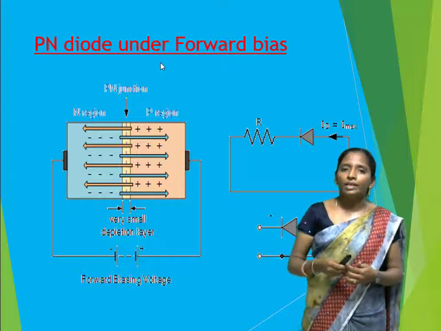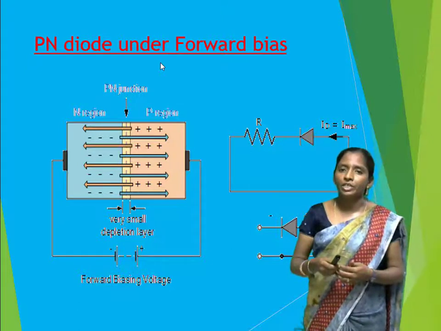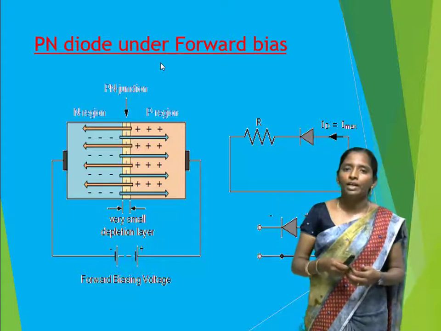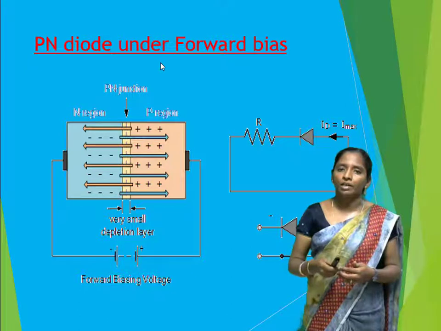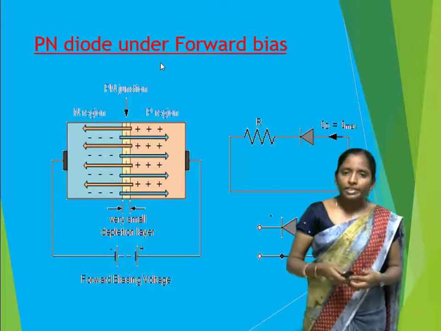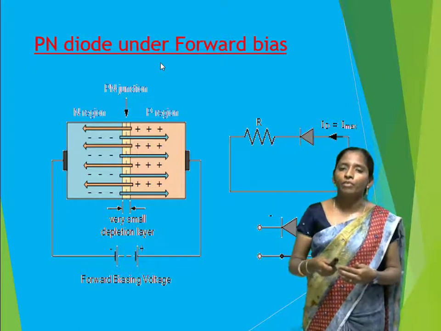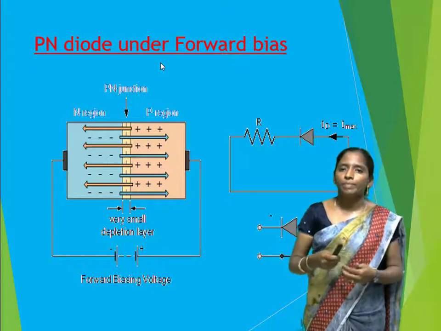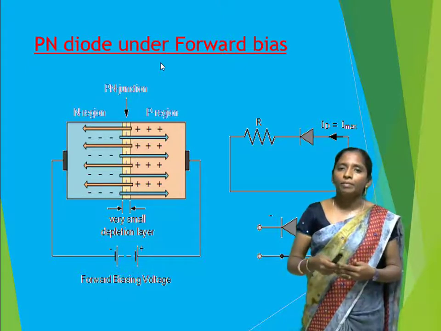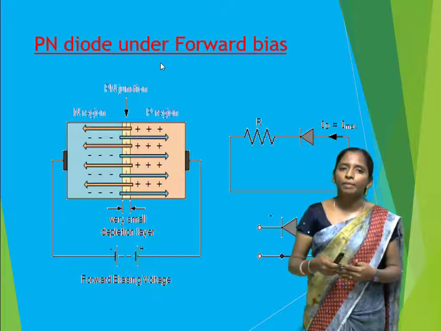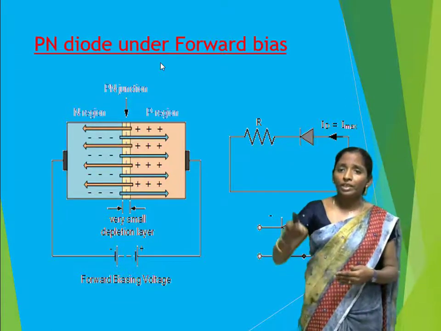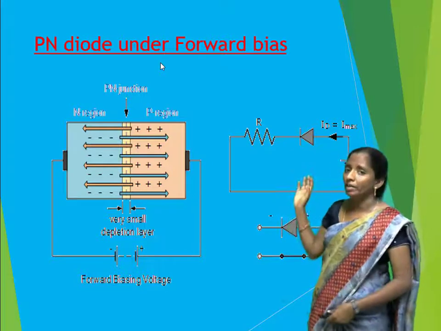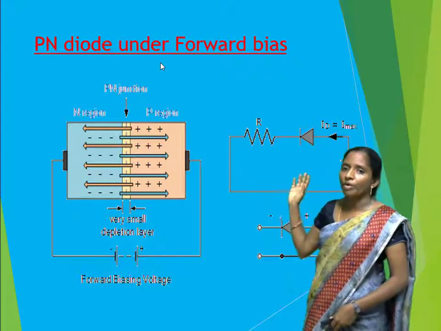At that time, the electrons from the N region reach the p-type material, and the holes from the p region reach the n-type material. So there is a current flow due to majority charge carriers. Here the majority charge carriers in the n-type are electrons and in the p-type are holes. This is the diagram for the PN junction diode under forward bias condition.